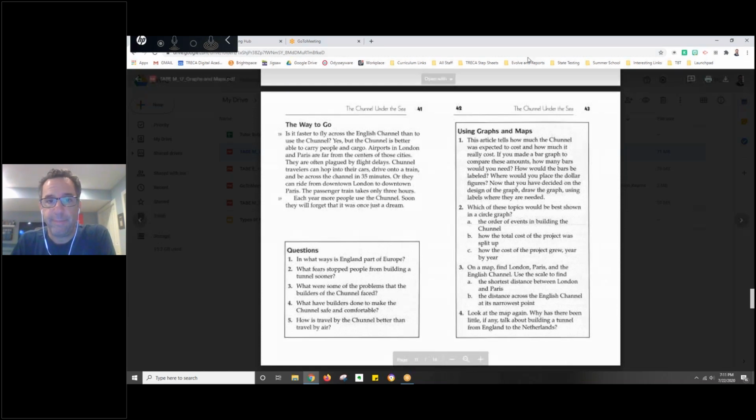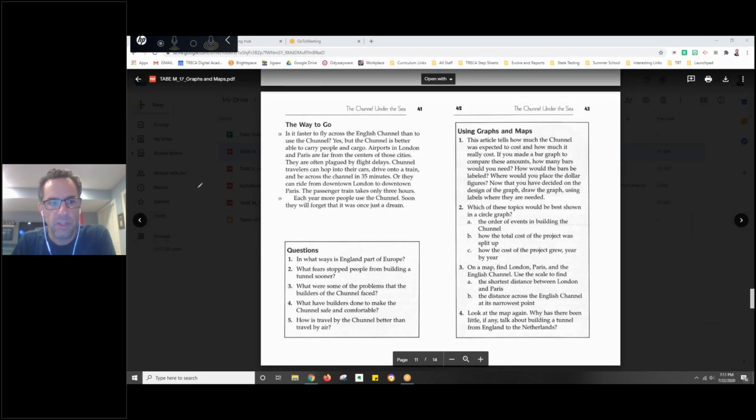So we could draw one over here on the side. If we have our pencil, we're making a bar graph. Remember, bar graphs kind of look like this. We've got bars here. It might look like that as a bar graph. So all we're doing here is, it tells how much the channel was expected to cost and how much it really cost.